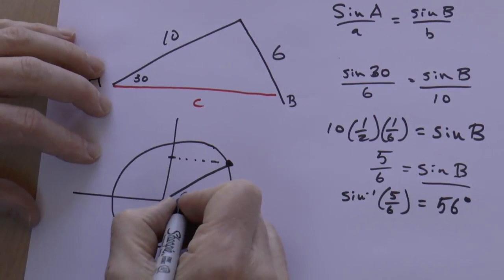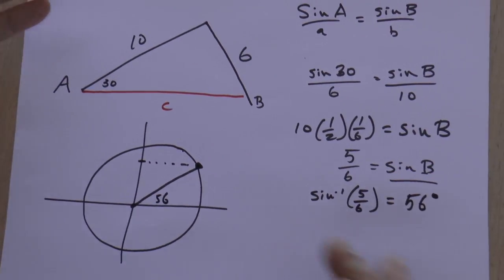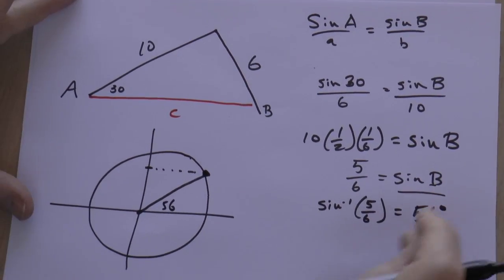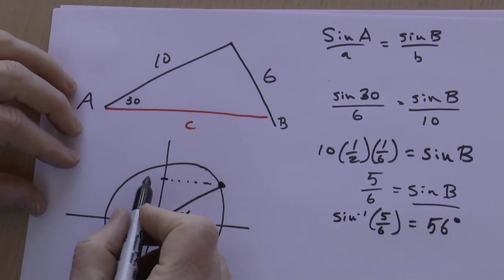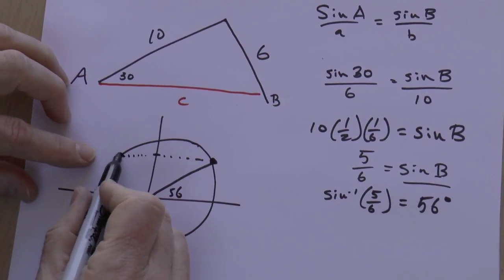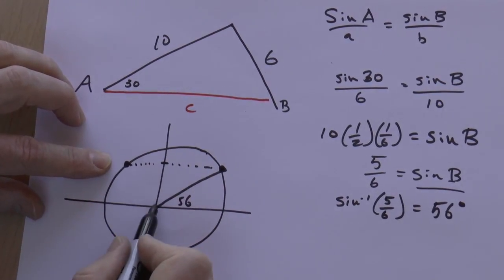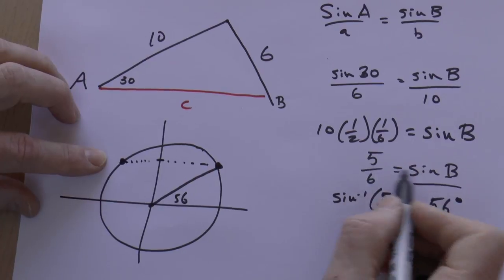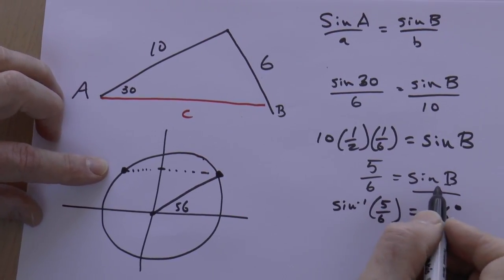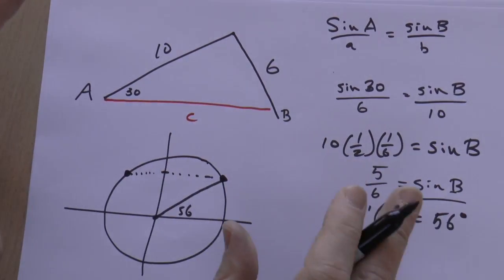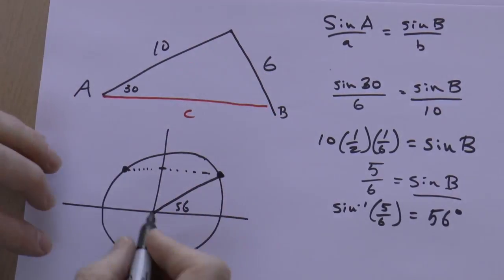So that's 56, good, nice. Your calculator will only give you this answer, but you have to remember this side, right? As you go around the circle, you're going to get another angle that will give you the same value. There's 2 possibilities here, and we have to check them both out. That's why this is an interesting case.